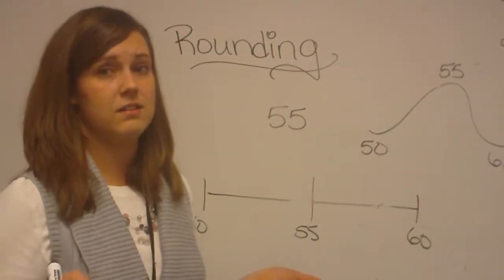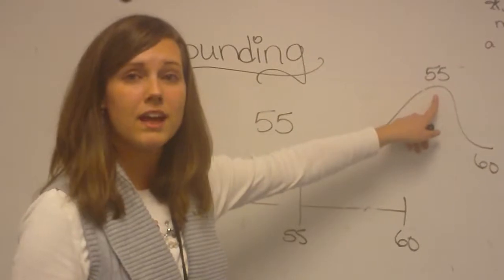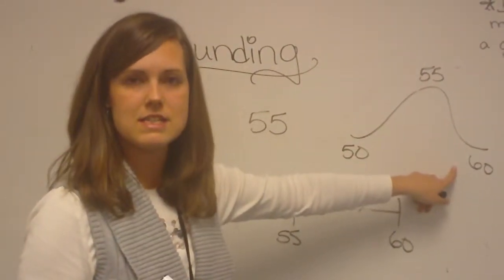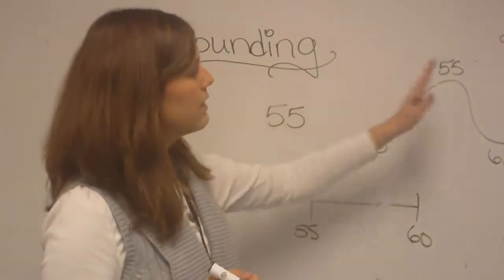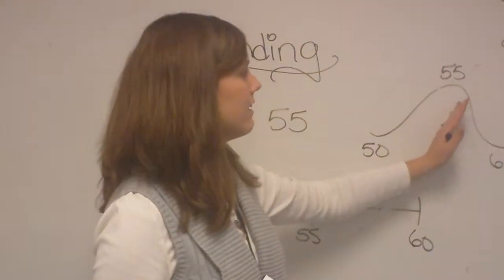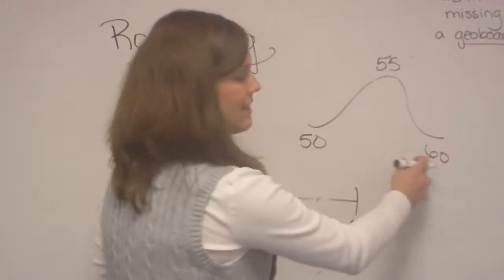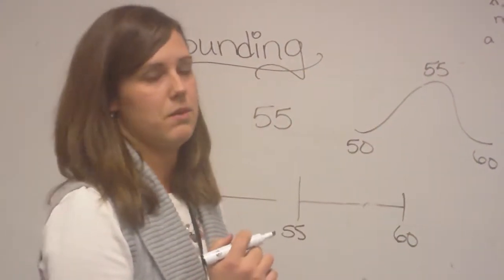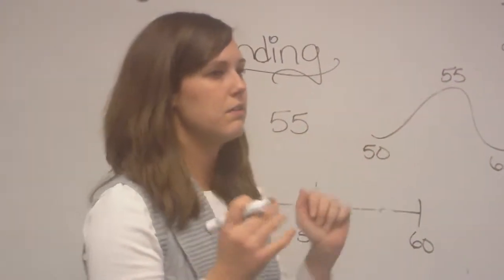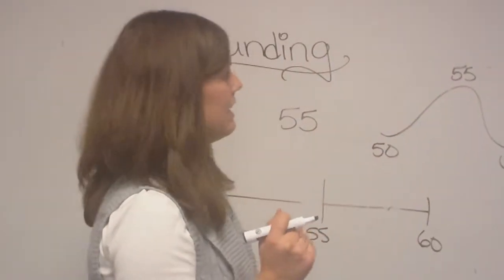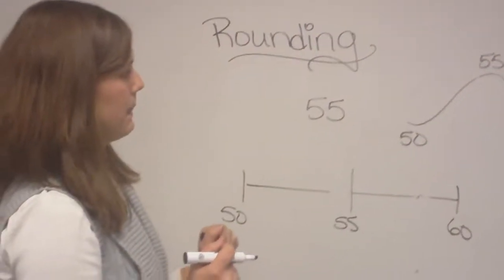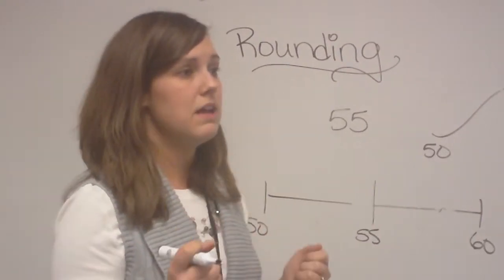I would go over that hill, because if I've already made it halfway, why not keep going the distance? So, with this idea in mind, we're going to use 60 as the rounded number. 55 goes to 60. To me, that's good.